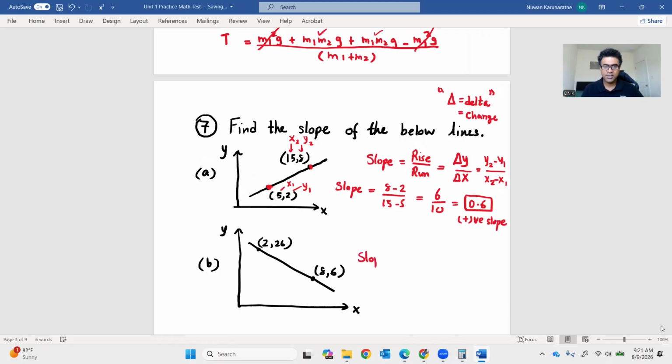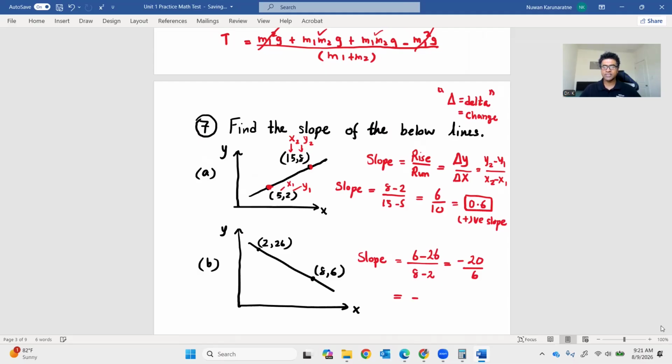So slope, change in y over change in x. So I have 6 minus 26 divided by 8 minus 2. 8 minus 2. So 6 minus 26, so that's going to be a minus 20 divided by a 6.